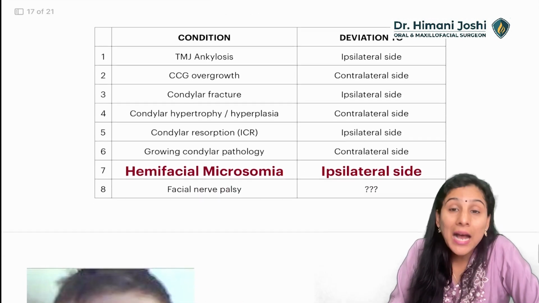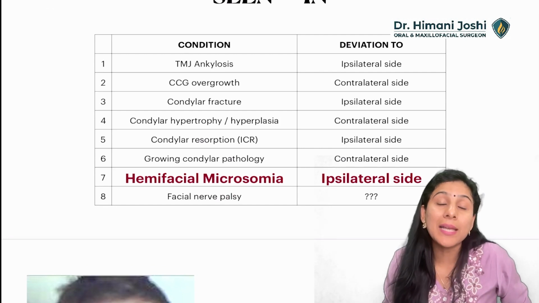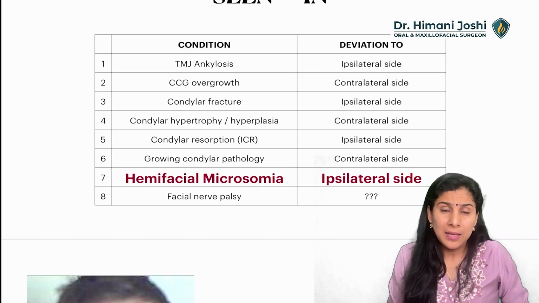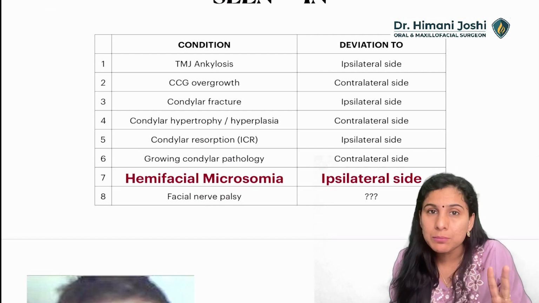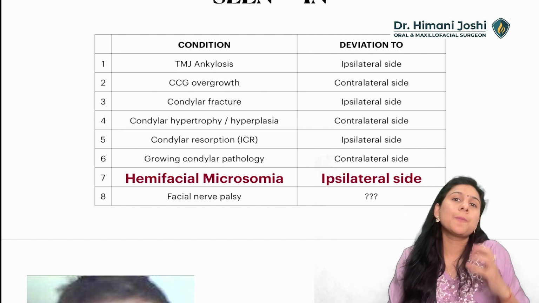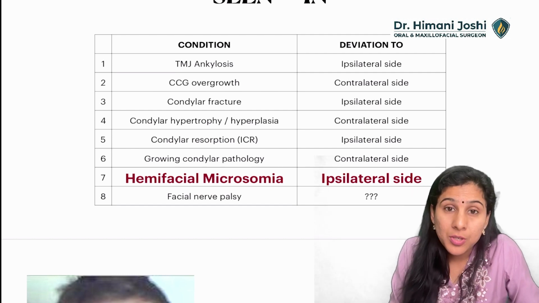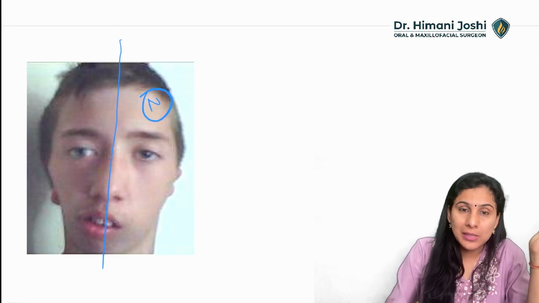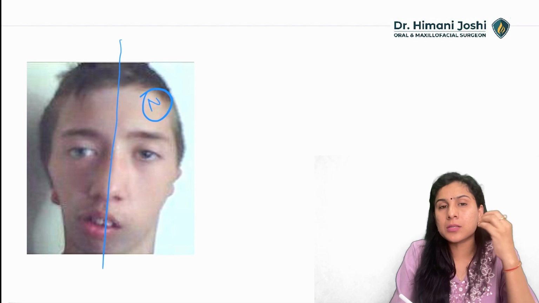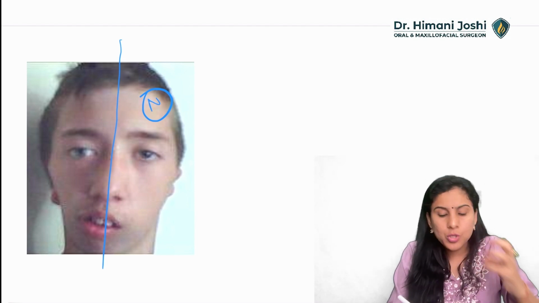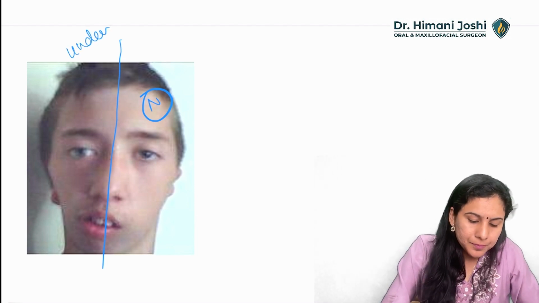And the last is some congenital conditions like hemifacial microsomia. Hemifacial microsomia is the second most common craniofacial congenital syndrome, which causes half of the face to be underdeveloped. If you see this boy, this half of face is normal, and this half of face, the ear, the zygoma, the mandible, most of it is underdeveloped.